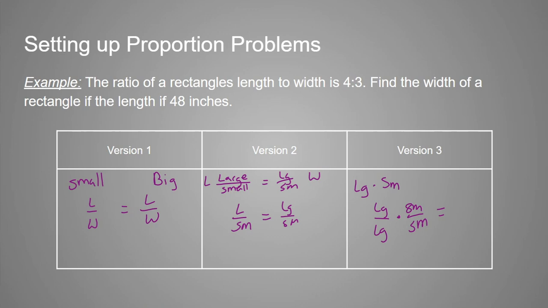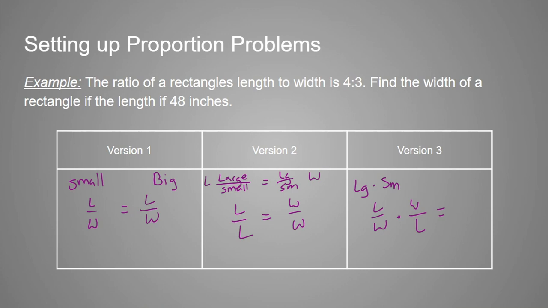Now you're probably wondering why I changed how I wrote these. So we had length over length, width over width, length over width times width over length.